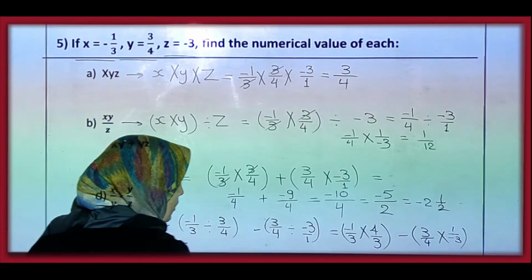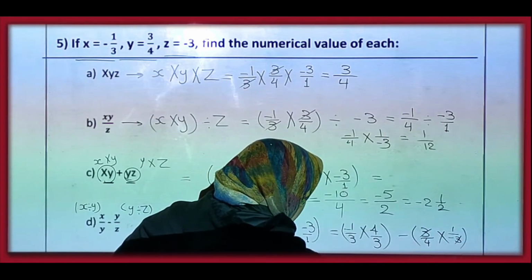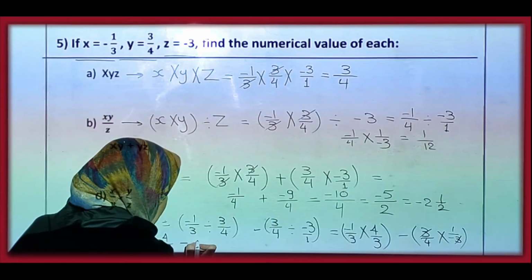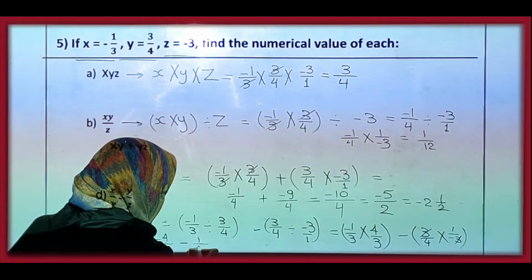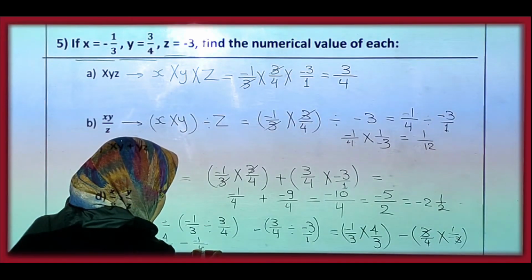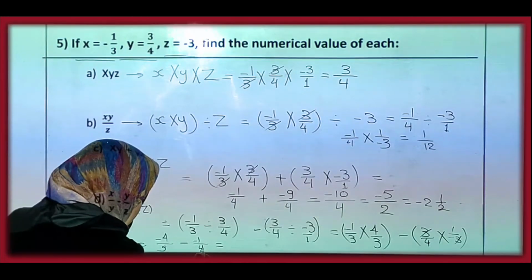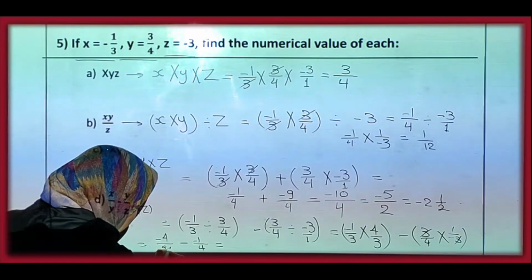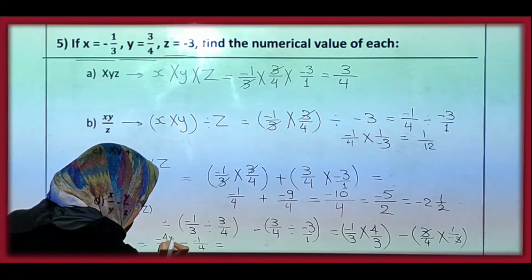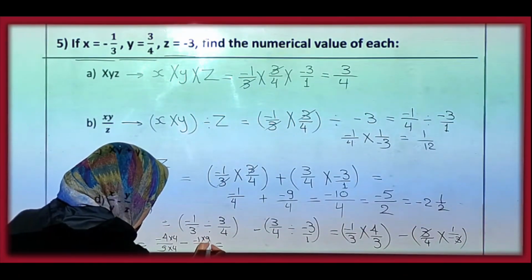Minus, cancelled 3 with 3, then the product is 1 over negative 4, equals... we get common denominator by multiplying this rational by 4 and this rational by 9.